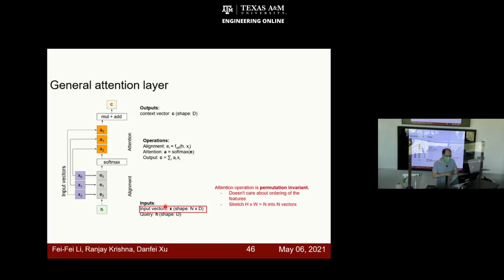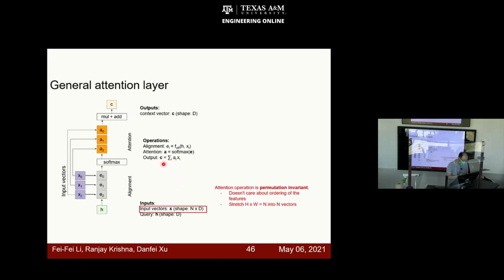Now, something you have to pay attention to is that this attention mechanism is permutation invariant. In other words, if I change the order, then the corresponding weights would change order as well. But in the end, because it's a weighted average, it really doesn't matter.